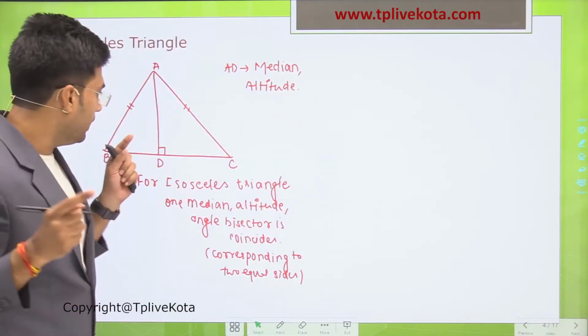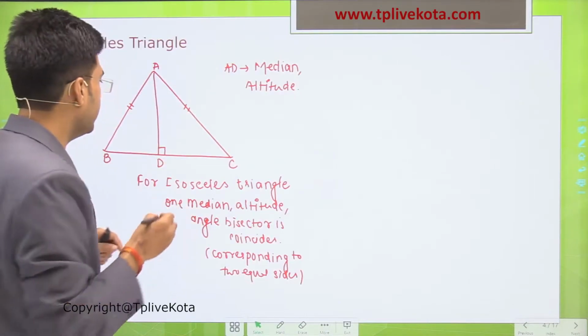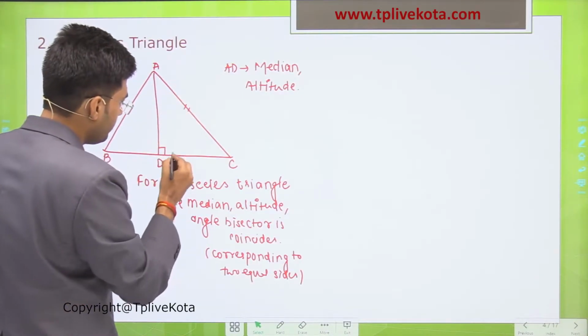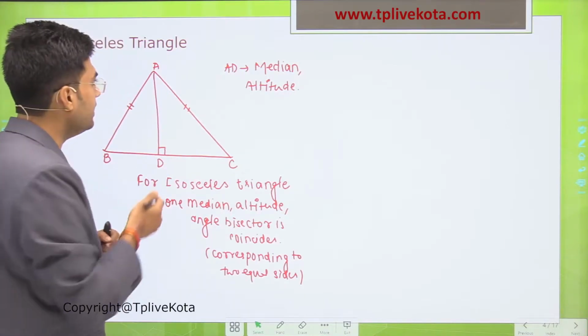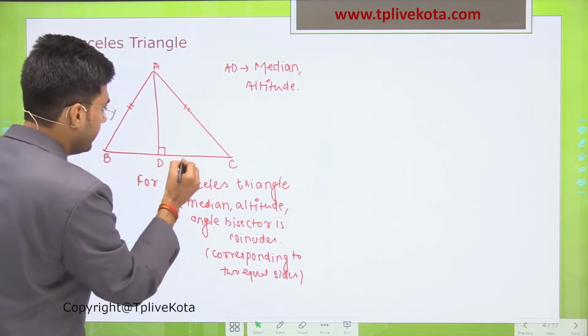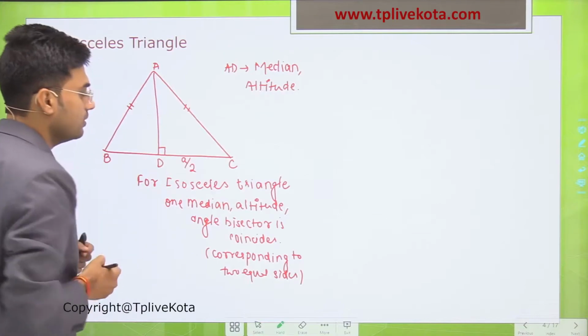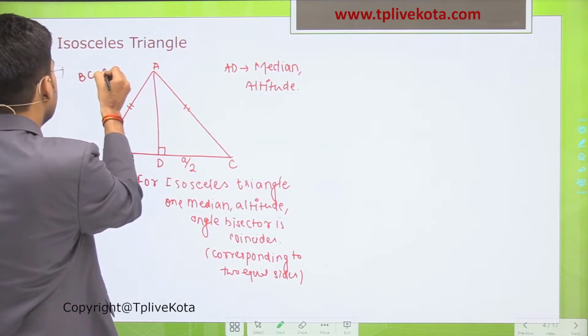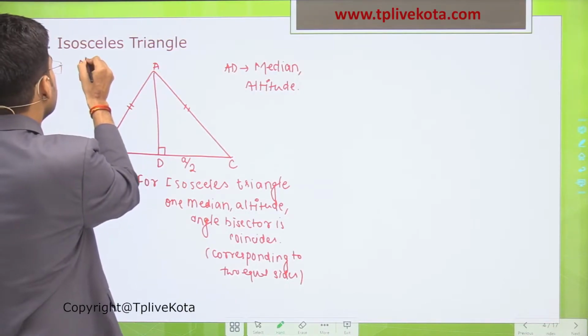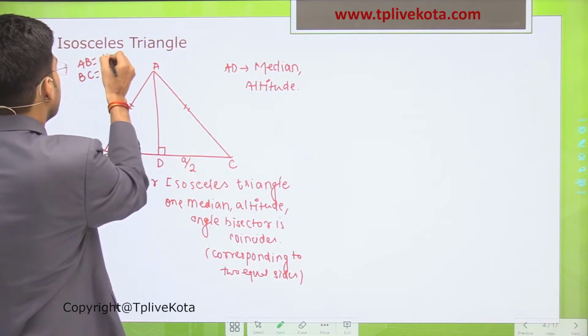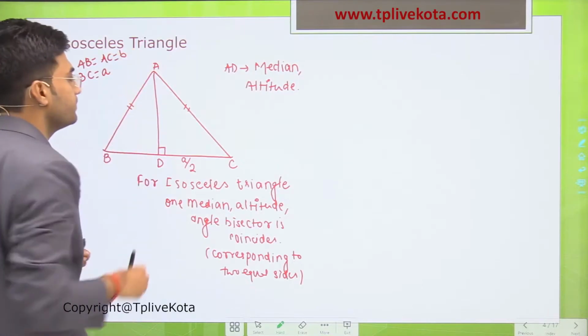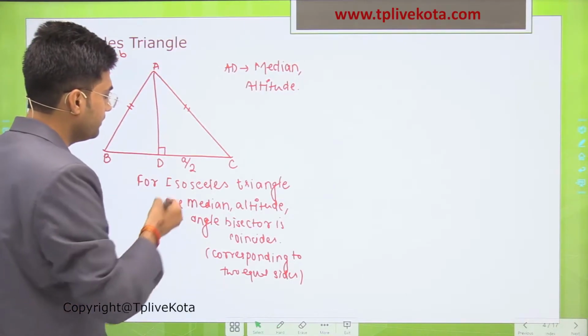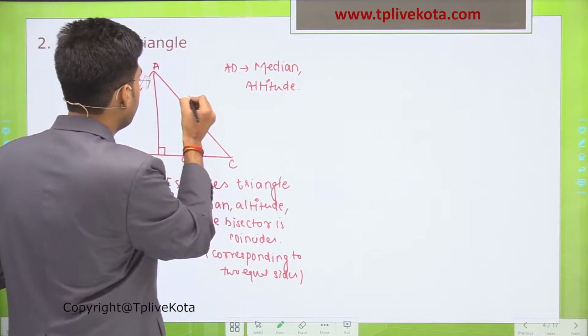So if it is median and altitude both, then this bisects the opposite side. Let BC be equal to a and AB equal to AC equal to b. Then what will we get here? This is a by 2 and this is b.